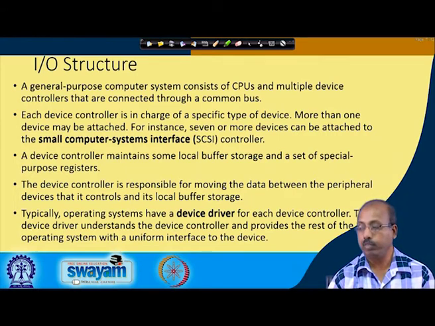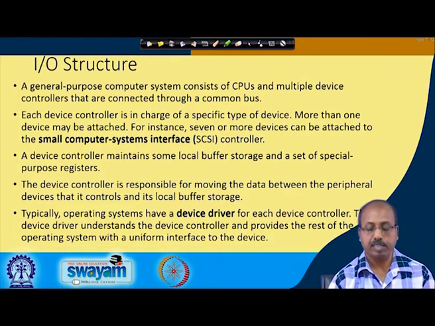A device controller maintains some local buffer storage and a set of special purpose registers, mostly control registers. A device controller is responsible for moving the data between the peripheral devices that it controls and its local buffer storage.